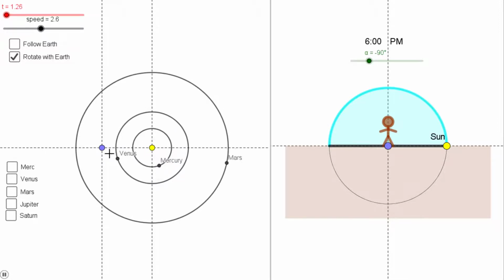Now, the interesting thing about this frame of reference is that this is the frame of reference if you go out in the backyard and look up. So let's say we have the Earth fixed beneath our feet. That's why we have the Earth fixed. And if I went out every night at, say, sunset, here's the sun in the west, so going out at 6 p.m., and we're keeping the sun fixed just like we are here.